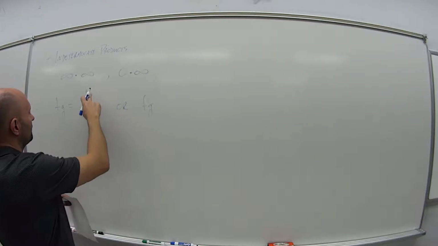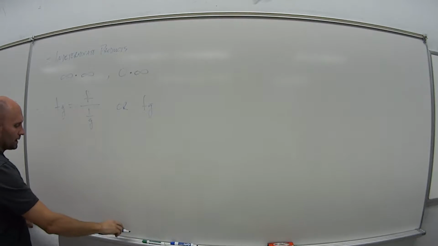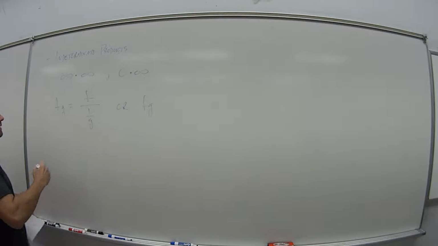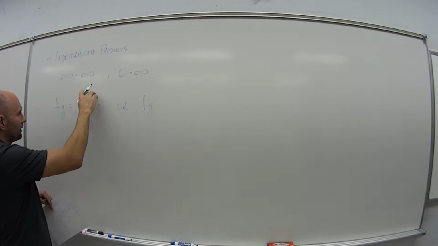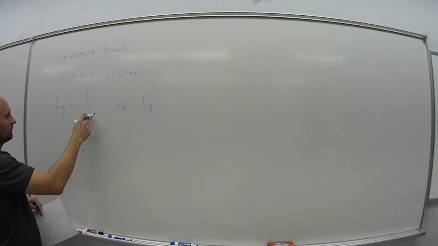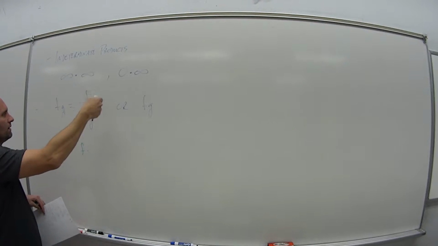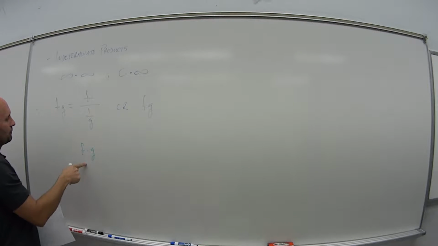So here I left f in the numerator, put 1 over g in the denominator. Why can I do that? Well, if I simplify this using keep, change, flip, a fraction divided by a fraction, it's f times 1 over g flipped, that's g over 1, so I still get f times g.